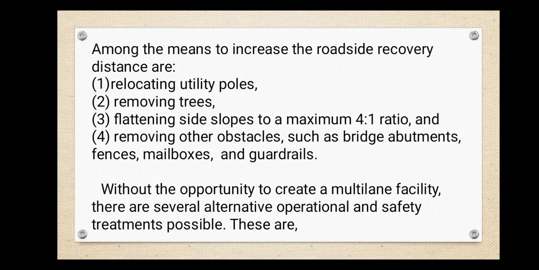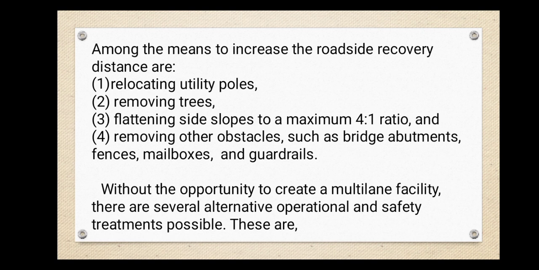So among the means to increase the roadside recovery distance are relocating utility poles, removing trees, flattening side slopes to a maximum 4:1 ratio, and removing other obstacles such as bridge abutments, fences, mailboxes, and guardrails.